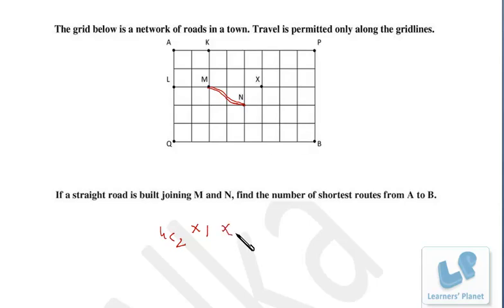So 4 horizontal, 2 vertical, so 6C2. So these are the total number of possible ways from A to B, and we have to find the number of shortest routes. So we'll take this M to N direct route into consideration, because that will be shorter than the other routes.